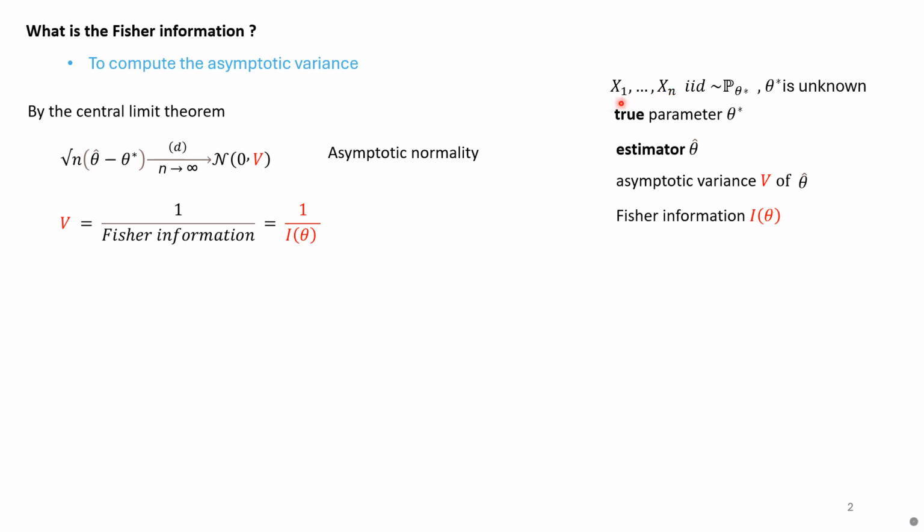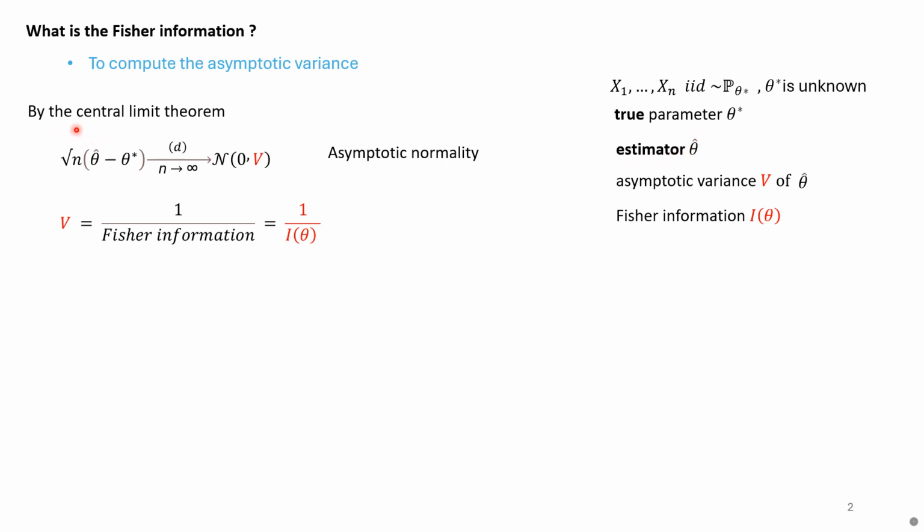So here x1 to xn are some random variables which are independently and identically distributed, and it has a probability distribution p theta. So here the true parameter is theta star, and if we want to estimate theta star, then we need an estimator, so that is theta hat.